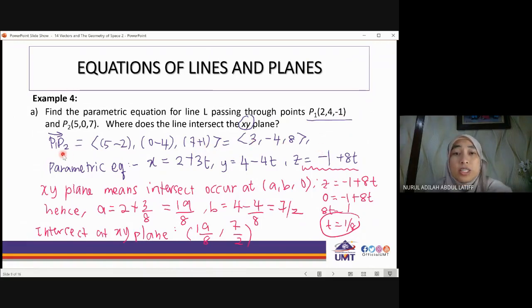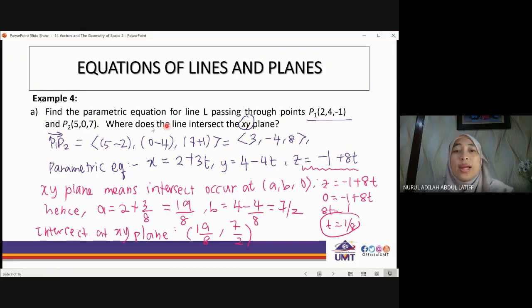So this one is P1P2. The parametric equation for this is x equals 2 plus 3t, y is equal to 4 minus 4t, z is equal to negative 1 plus 8t.